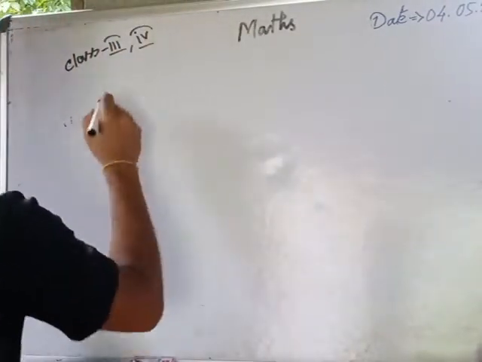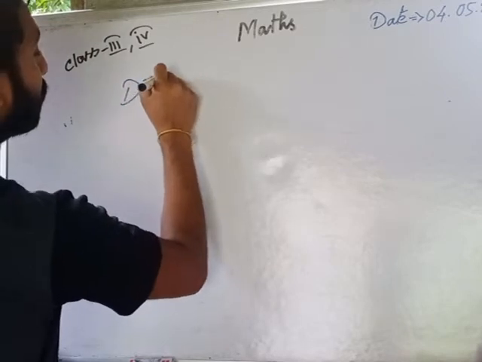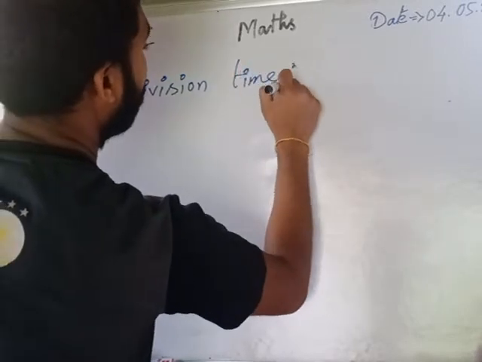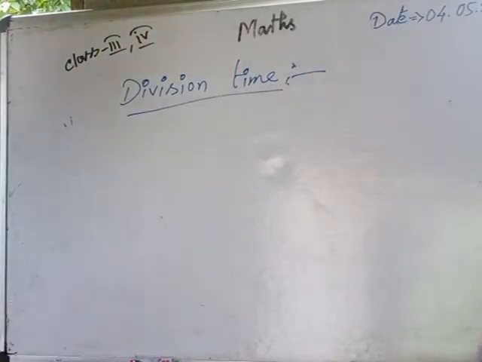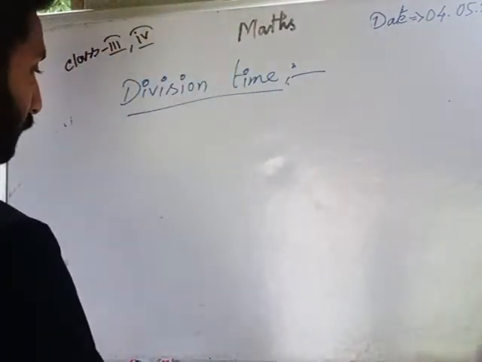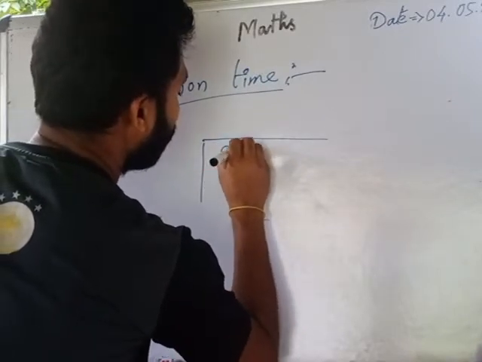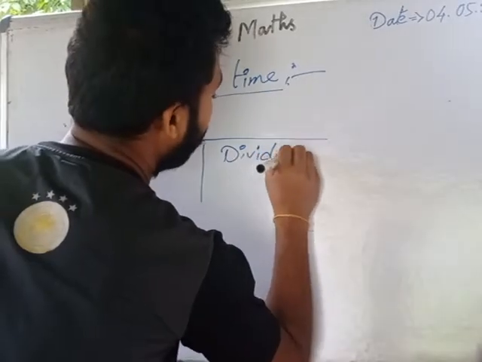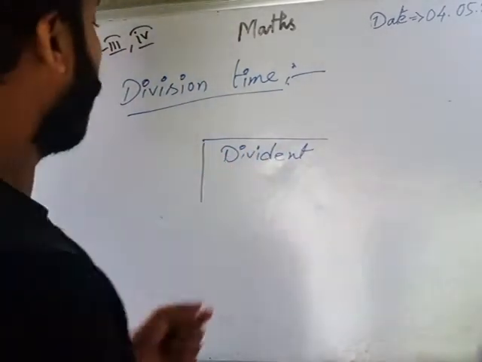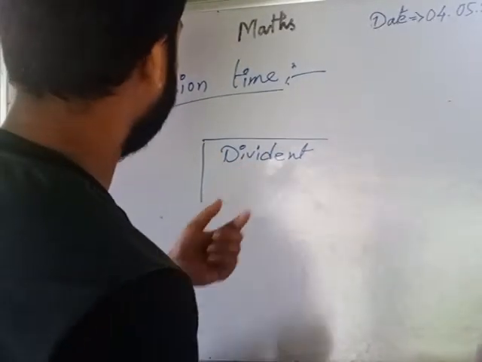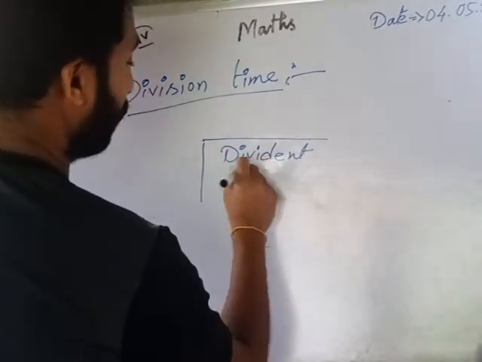When it is division time, I already told you there are 4 terms in the division: dividend, divisor, quotient and remainder. The number which is being divided is called the dividend.